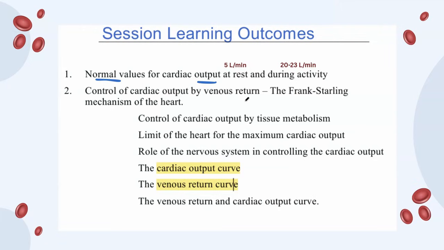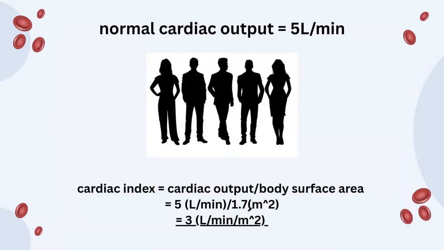Control of cardiac output by venous return and the Frank-Starling mechanism of the heart. Control of cardiac output by tissue metabolism, and the limit of the heart for the maximum cardiac output, because the heart cannot go beyond its maximum capacity. You have the role of the nervous system in controlling the cardiac output. You have the cardiac output curve and the venous return curve, and then both of them combined together.